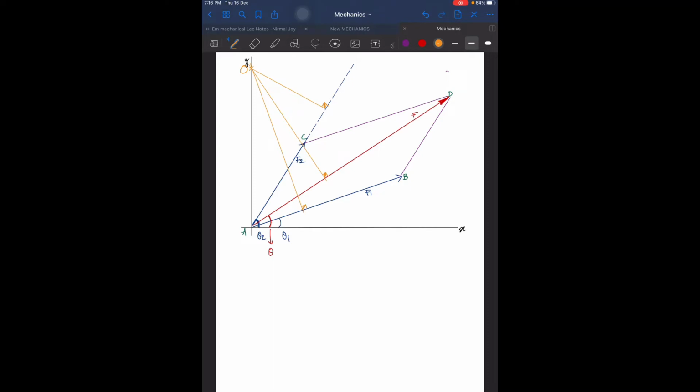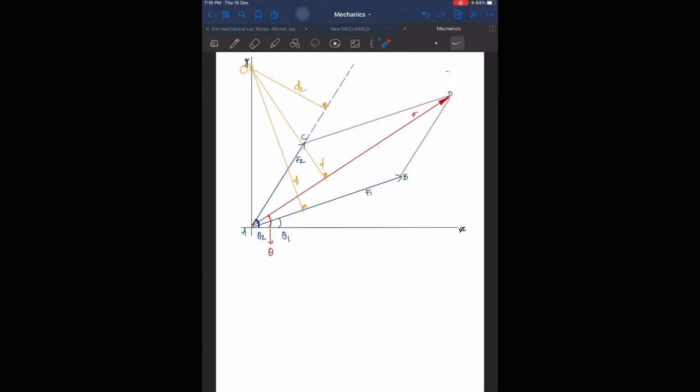And let me mark the distances as D1 for F1, D2 for F2 and D for F. Let's mark it here to avoid confusion. So D1, D and D2 represent the perpendicular distance from the line of action of each force towards the moment center.